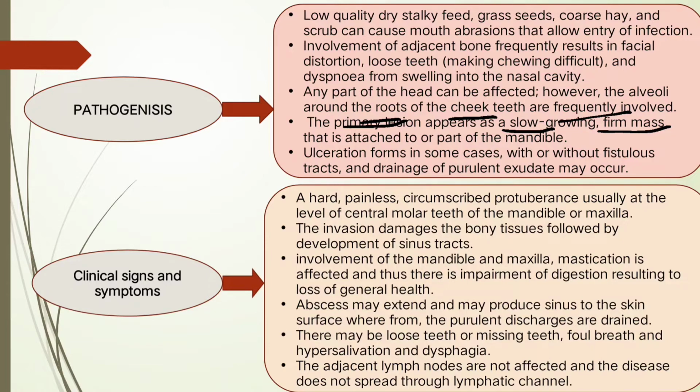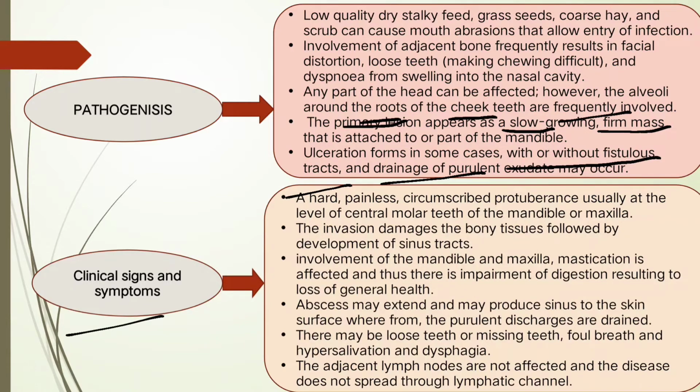In the chronic condition, there will be suppurations, and sometimes those will burst, leading to the formation of ulcers, with or without fistulous tracts. Fistulous tracts are open inflammatory tracts in the bones. Through those fistulous tracts, drainage of purulent exudate may occur.